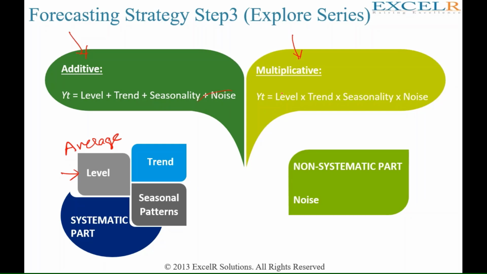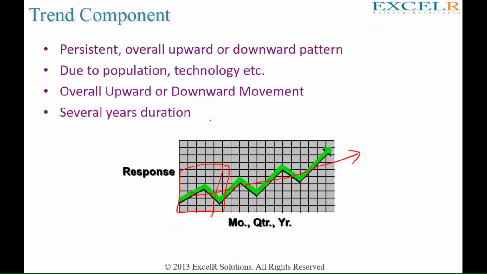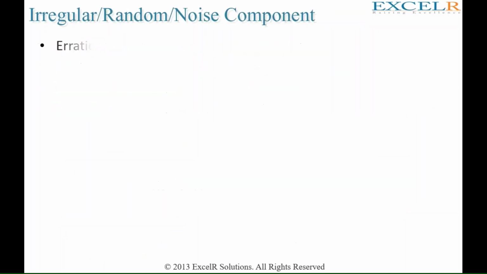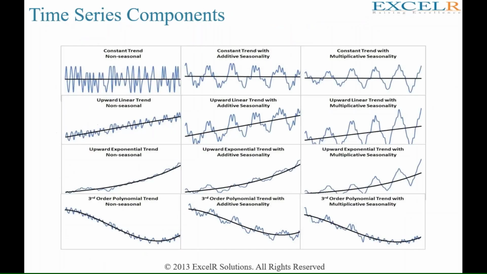In order to understand that, we have discussed additive and multiplicative seasonality. We use additive technique if the magnitude of seasonality doesn't increase, and we use multiplicative if the magnitude increases.